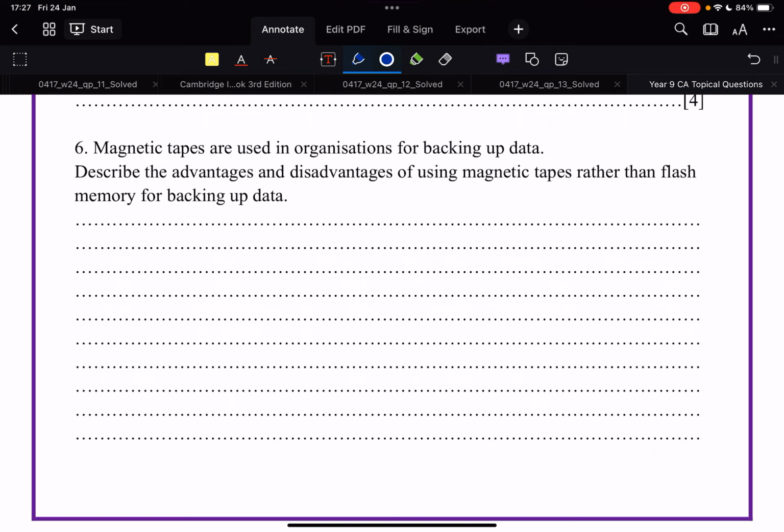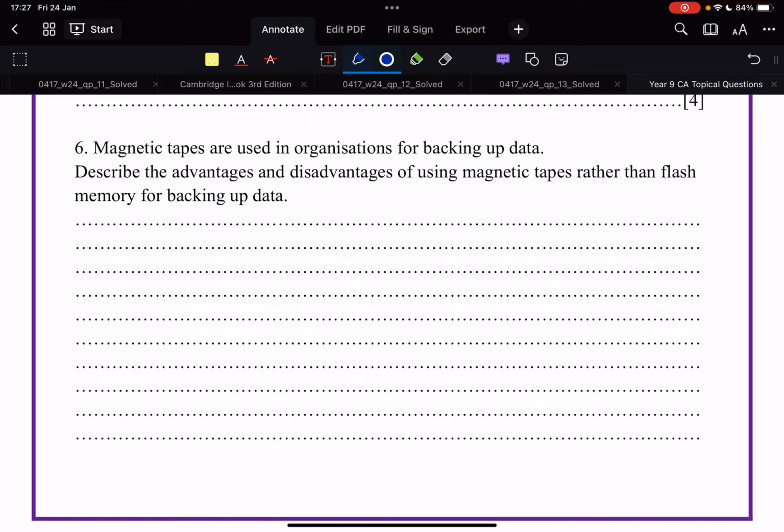Essentially, the magnetic tape is a very thin strip of plastic which is coated in a magnetic layer. It is read from or written to by the read and write head. You see the magnetic tape going like this in a circular form.